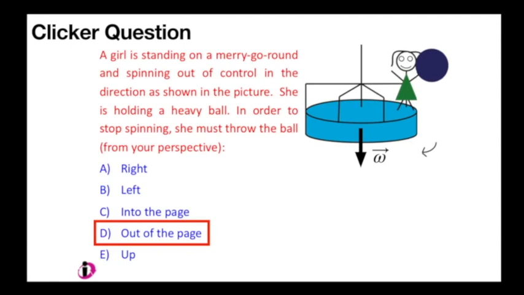So if we're looking for an upward torque, the force that would provide that at the position of the girl is one that is into the page, right? So same thing, we find that she needs to produce a force at her location that is into the page, and to do that, she needs to throw the rock opposite that, out of the page.